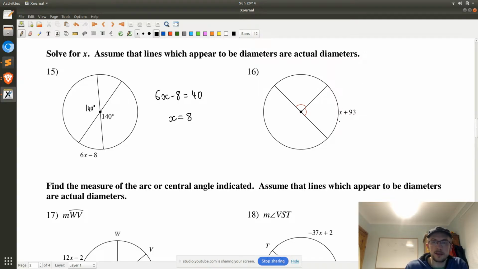Now, this is x plus 93, so they say. This appears to be an actual diameter, so it's 180.